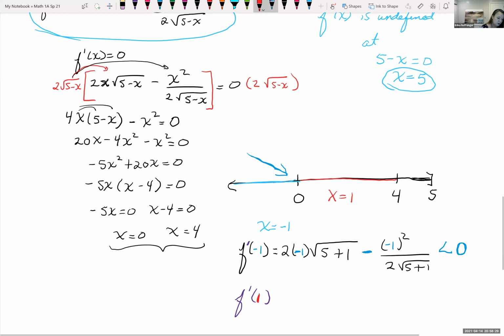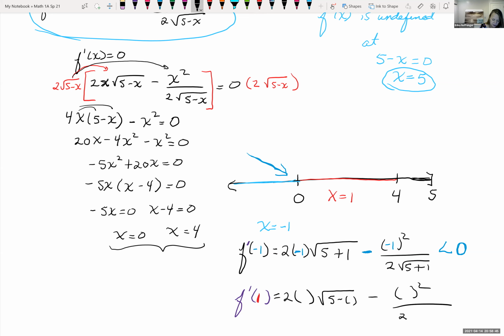So this would equal 2 all times the square root of 5 minus 1, minus 1 squared, all over 2 square root of 5 minus 1.